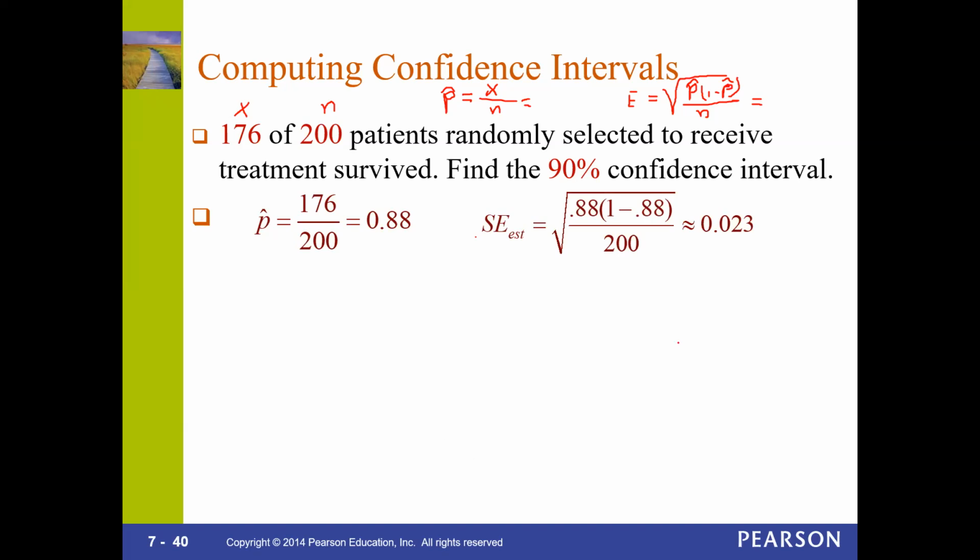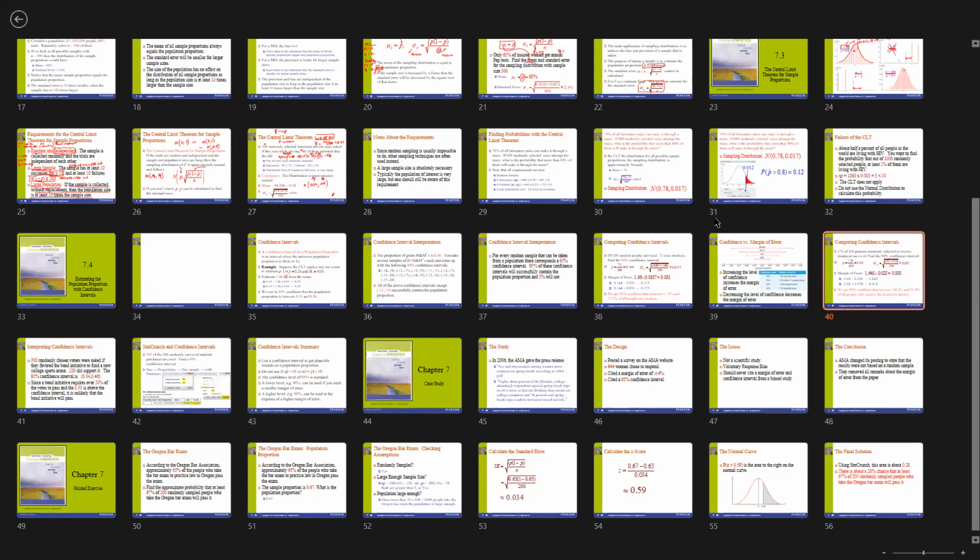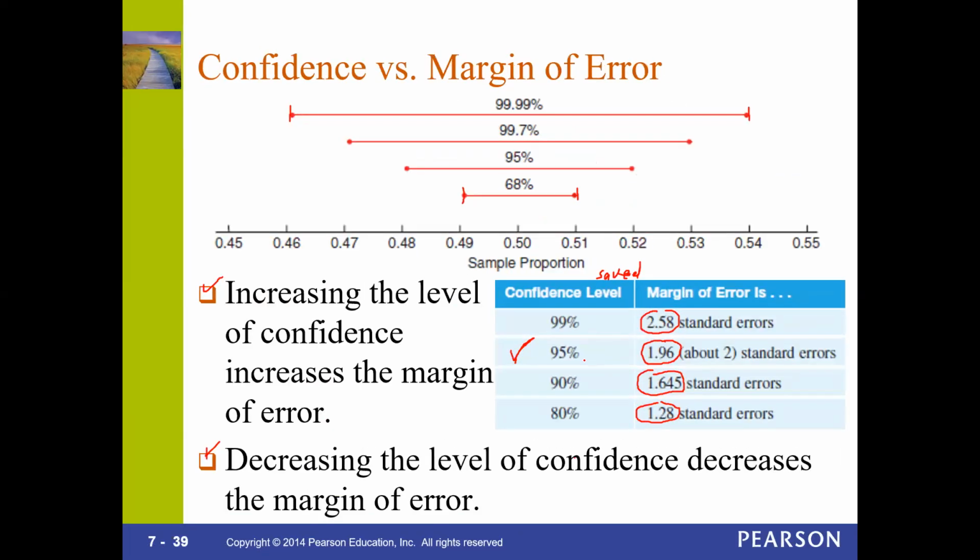Based on what we learned earlier, as you can see right there, if you say 90%, the number will be 1.645, okay? This is the number that I must multiply with the standard error to get the margin of error.